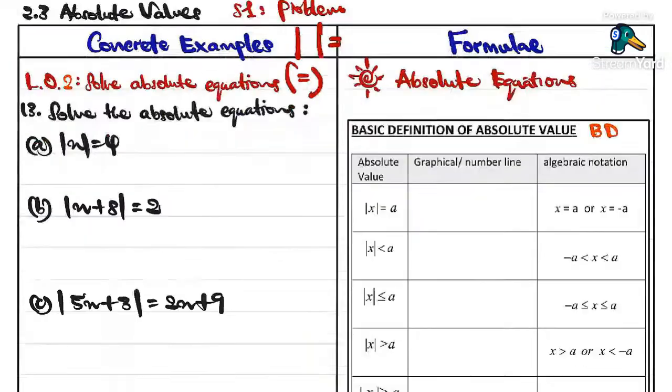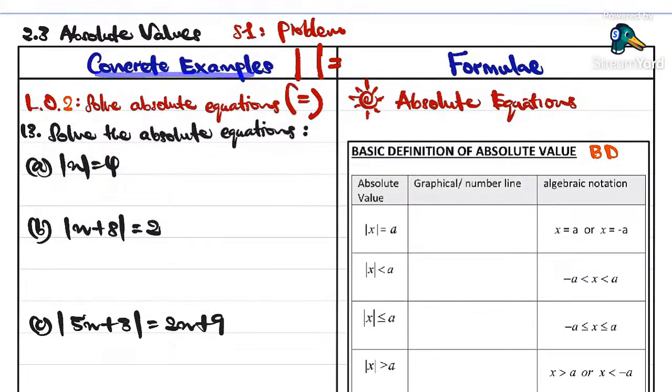So let's focus on the concrete example first, where you have to determine step one, which is to determine the problem. So what is the problem? The problem is having an absolute value, or a modulus, together with an equation. So the problem is modulus and also the equation.